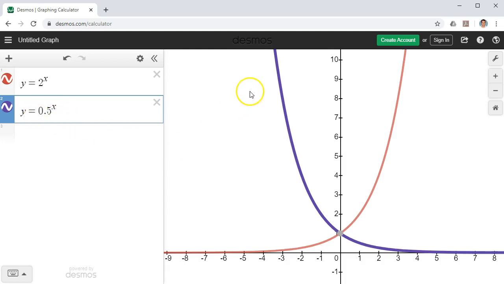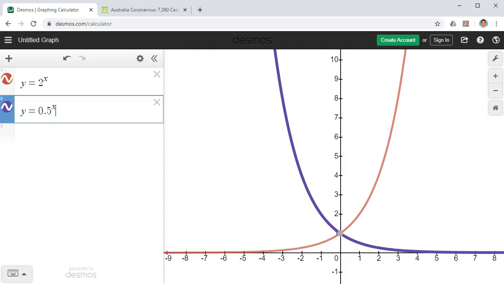And you'll notice that we get a graph that's a bit different. This time, rather than starting off flat and then increasing rapidly, we start off quite steep, coming down and then flattening out later on.